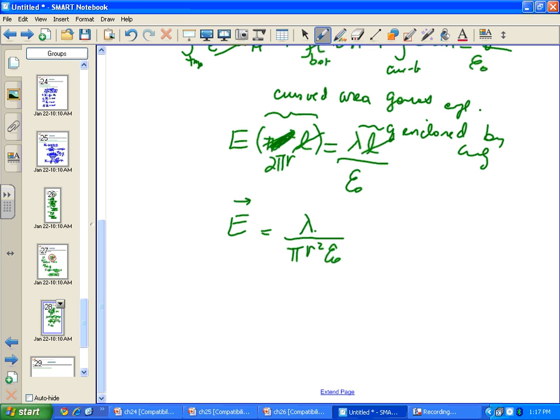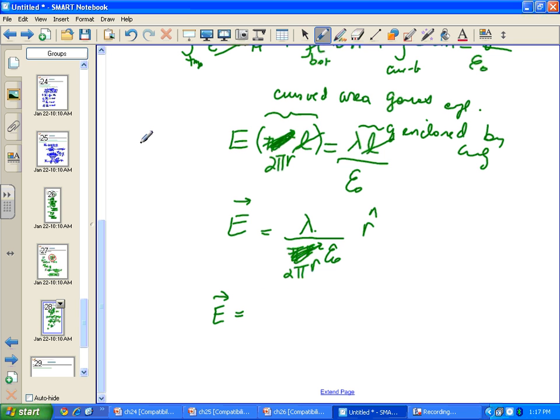Oh, a common mistake that we don't want to make, and that is the expression for finding the area of the curved surface. So let me go ahead and get rid of that. 2 pi r. The L's still cancel, so it's lambda over 2 pi r epsilon naught in the radial direction. It'll be radially inward. And let's go ahead and plug in our numbers.